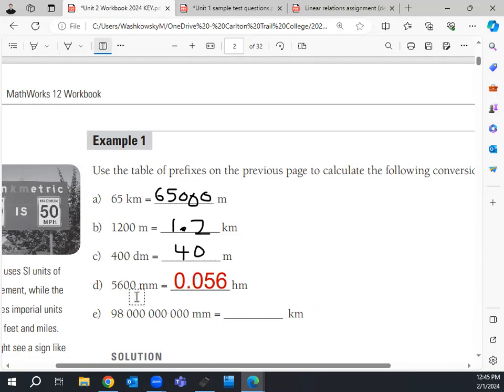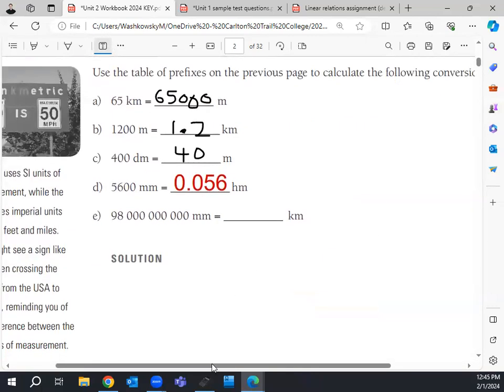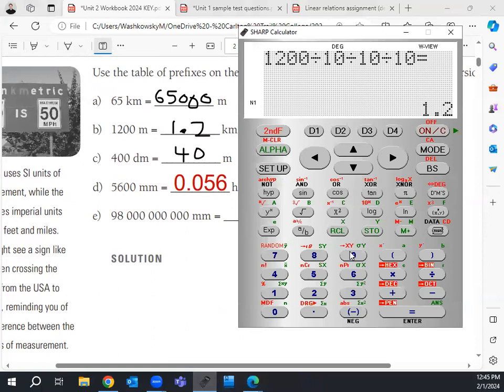And then all the way the other way. So you have 98 billion millimeters to kilometers. So you're going up once, twice, 3, 4, 5, and 6 times. So you're dividing that by 10 6 times.